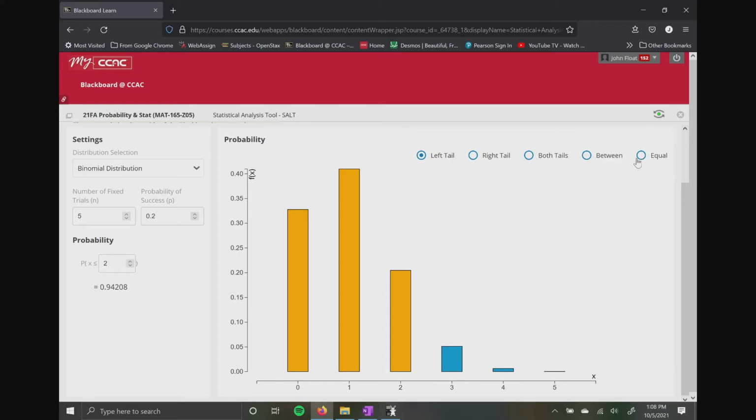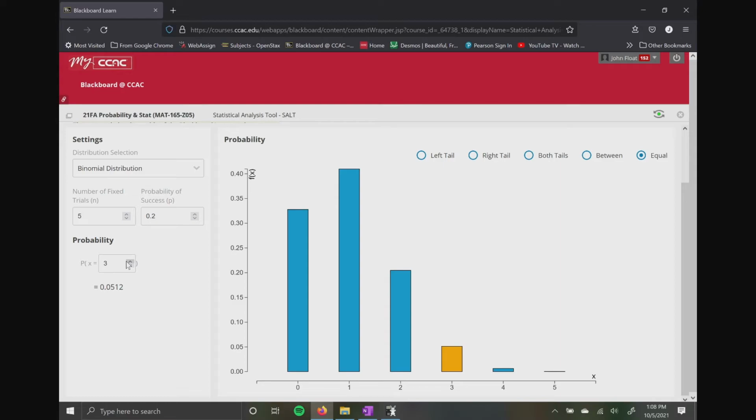Let's go equal. Now look at the probability, it changed that inequality symbol to an equal symbol. We want the probability of getting exactly 3 correct, so I just move that up to 3. And notice here it says 0.0512, which is exactly what we expect. So the probability of getting exactly 3 correct is 0.0512.